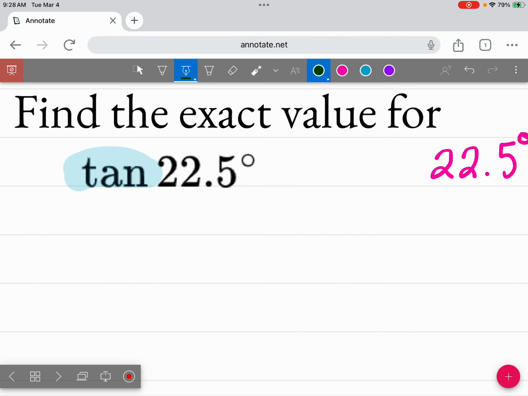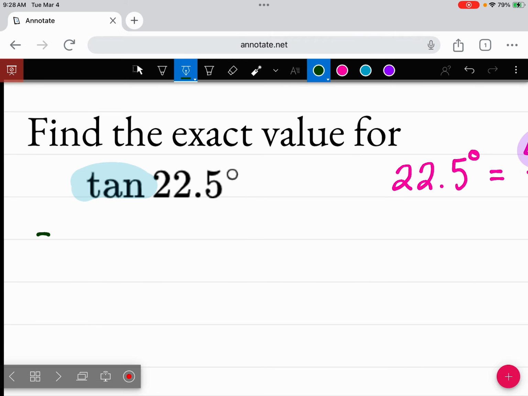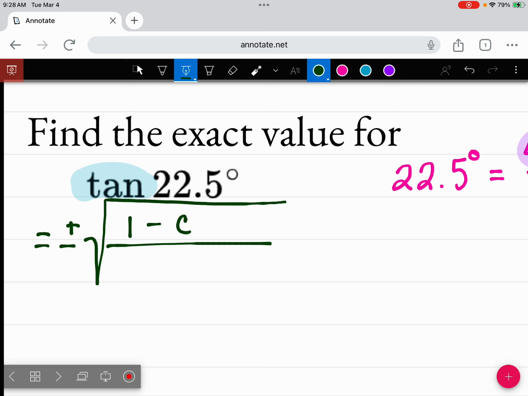Tangent of 45 over 2 is going to be plus or minus the square root of a fraction with 1 minus the cosine of 45 degrees over 1 plus the cosine of 45 degrees.